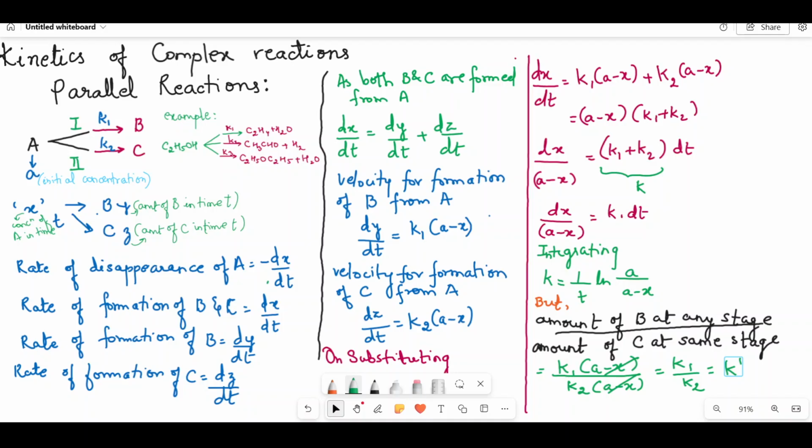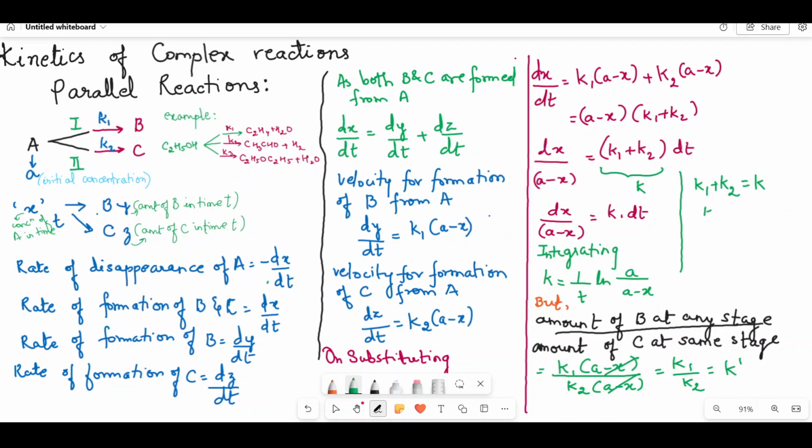So the values of k1 and k2 can be evaluated separately from experimentally determined values of k dash and k. That is, k1 plus k2 is equal to k, we have done it here.